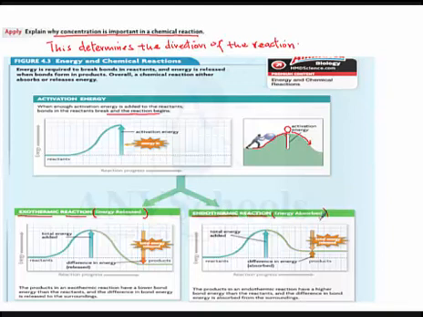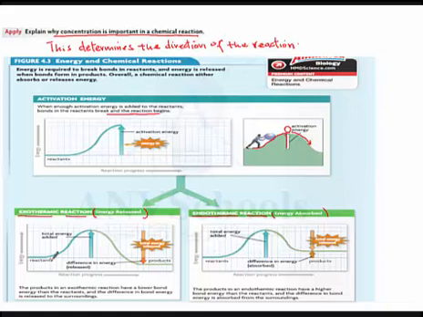Whether energy is released or absorbed depends on the bond energies. The products in an exothermic reaction have lower bond energy than the reactants, and the difference in bond energy is released to the surroundings.